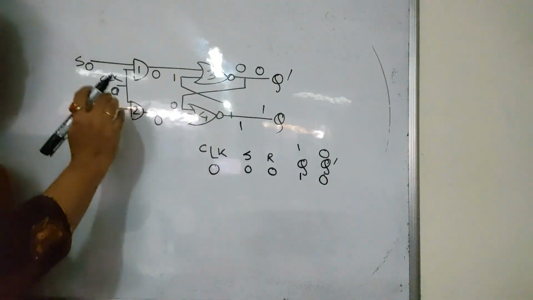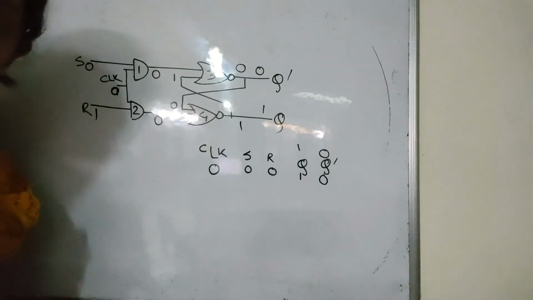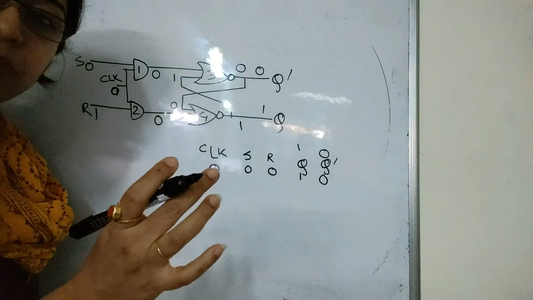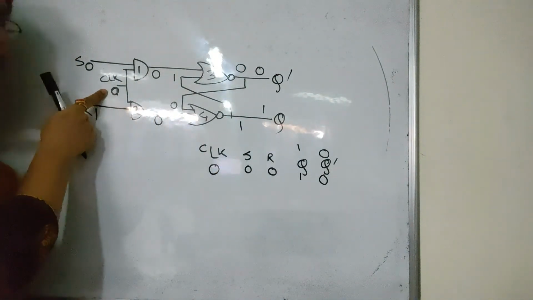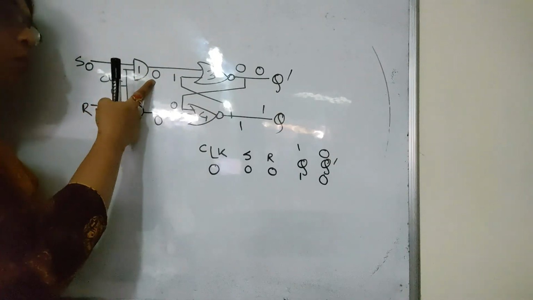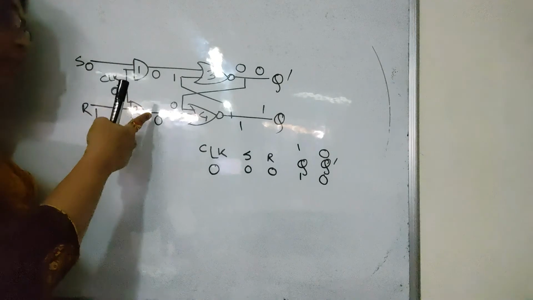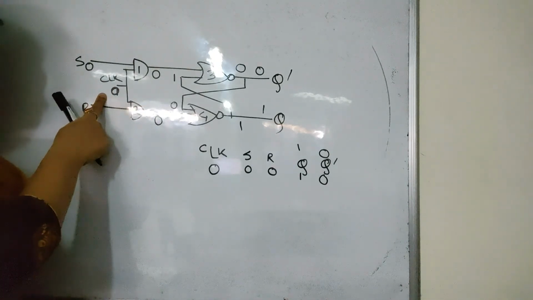Correct? Now, we are giving S value as 0, R value as 1, the reset input. But since clock is 0, the output of AND gate number 1 also remains 0 and gate number 2 also remains 0 because clock value is 0. Right?